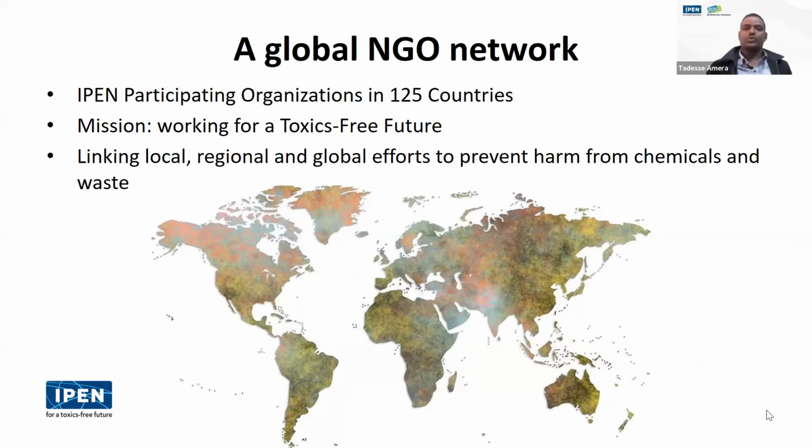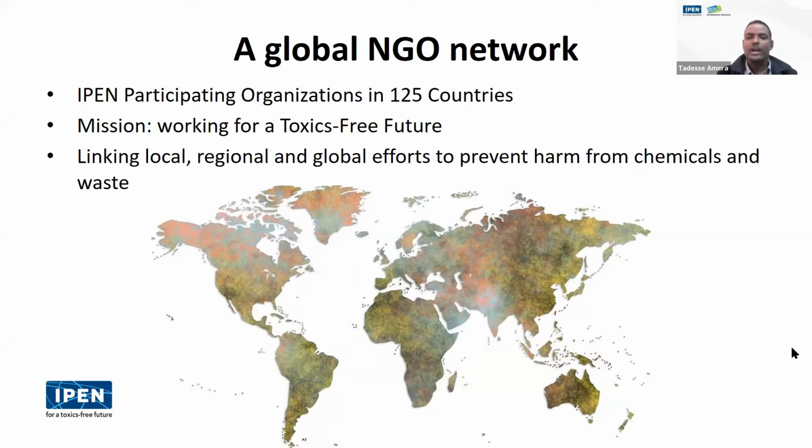For those of you who may not know IPEN, IPEN is an umbrella organization of more than 500 participating organizations, public interest civil society organizations, and its mission is working for a toxic-free future for all, for everyone.